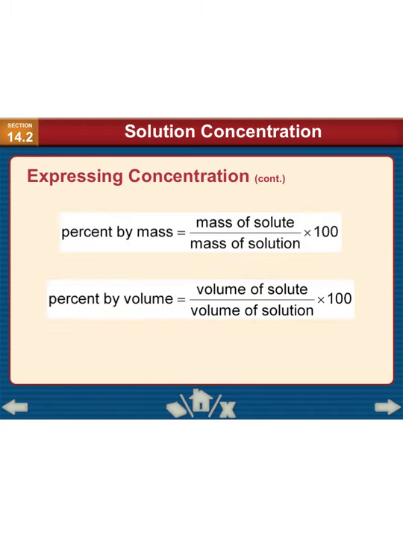And another way of expressing concentration, again, would be percent by mass: the mass of the solute in grams divided by the mass of the solution in grams times 100. And percent by volume, the same idea, volume of solute divided by the volume of the solution. So again, those are two other ones.